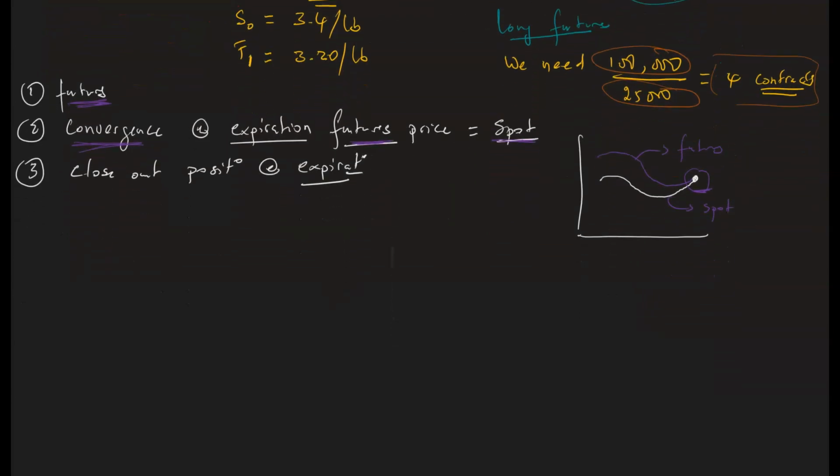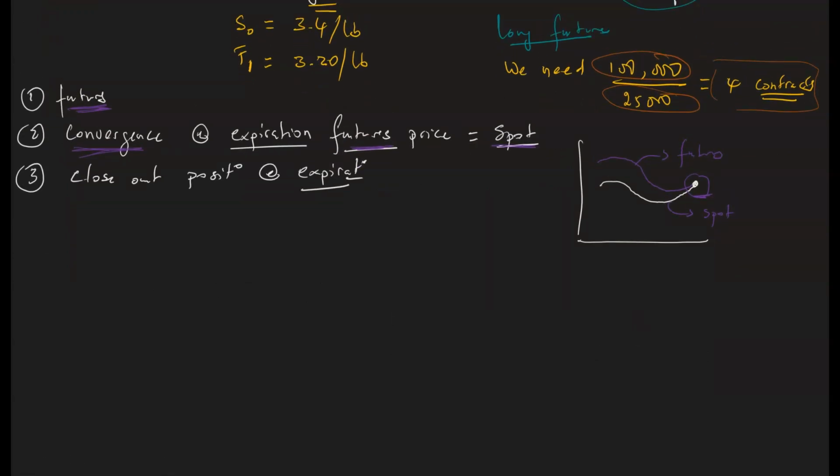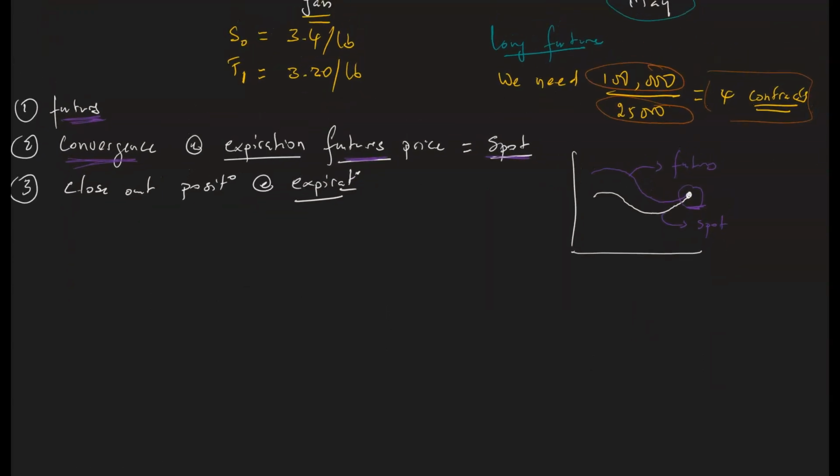Now, if we want to remember our principle, this is what we had, right? We had a scenario where I am an investor, I take a long futures position, and in order for me to do that, I need to reach out to my broker, and my broker is going to reach out to the clearinghouse. The broker is going to take a long position with the clearinghouse on my behalf.